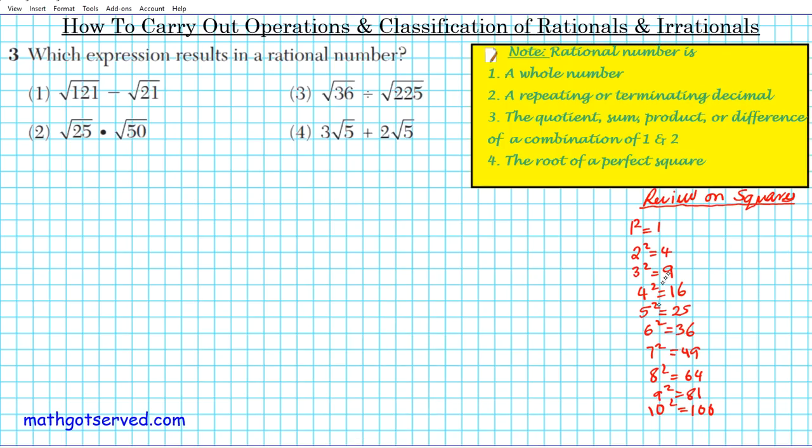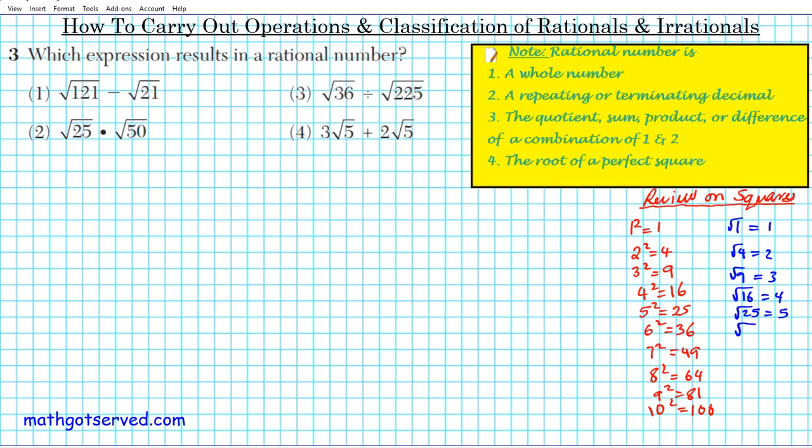What do these numbers tell us? Well, it tells us what the roots are. So if you root the right side, you get the left side. Okay? So the square root of 1 is 1, as we can see. And this tells me that the square root of 4 is 2. This right here tells me that the square root of 9 is 3. Square root of 16 is 4. Square root of 25 is 5.